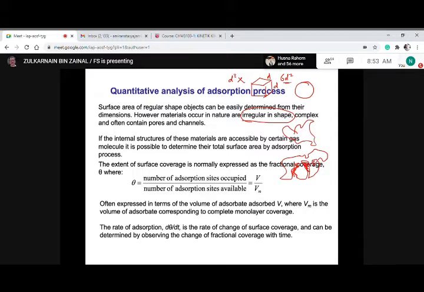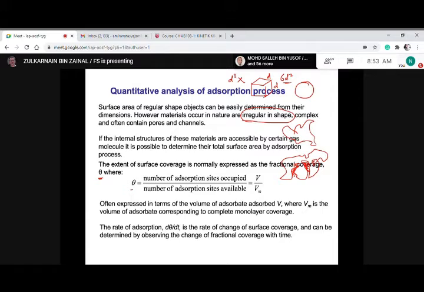The extent of surface area covered is normally expressed as fractional coverage, theta, where theta is the number of adsorption sites occupied over the number of adsorption sites available. So theta is V over Vm.